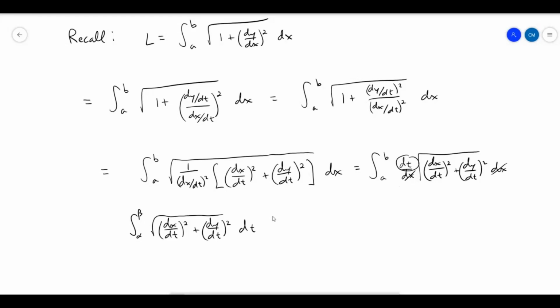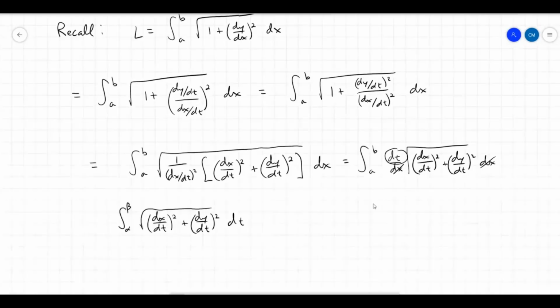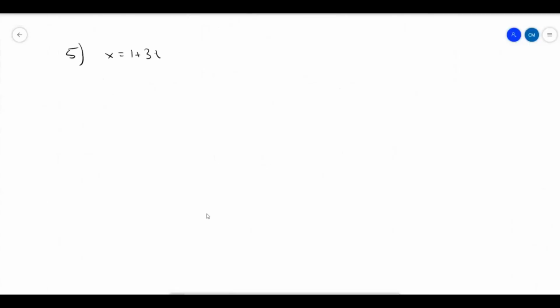Okay, then let's just see an example of this. To do this arc length here, we need to know what dx/dt is. So dx/dt in this case is 6t, dy/dt is 6t squared.